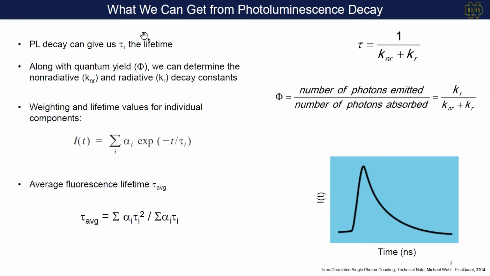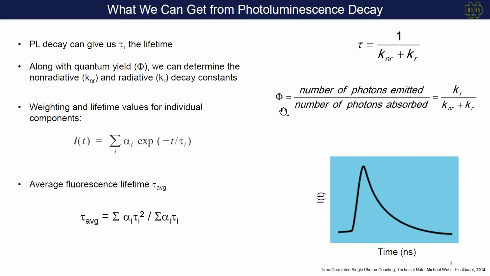So what can we actually get from photoluminescence decay? PL decay gives us tau, the lifetime. You can think of that as the average amount of time it takes for the sample to emit light. So tau is equal to 1 over the sum of the non-radiative decay rate, k_nr, plus the radiative decay rate, k_r. The nice thing is, if we have our quantum yield data, where PL quantum yield is the number of photons emitted divided by the number of photons absorbed, which is equal to the radiative decay rate divided by the sum of the radiative and the non-radiative decay rates.